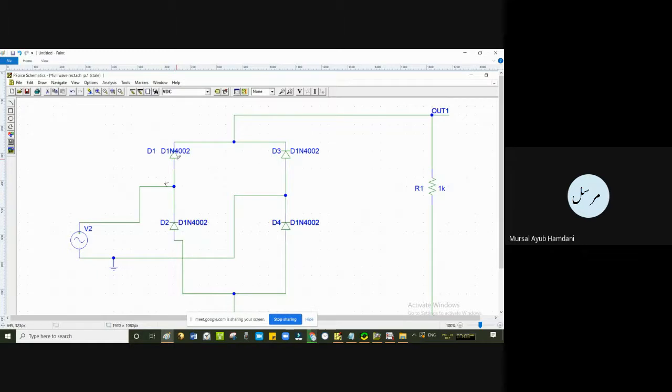Now this is the anode and this is the cathode, so obviously this one will be rendered as short circuit, so this will be the path that it will follow. It will go from this direction and not from this direction, because this will be reverse biased. Reverse biased will mean open circuit.